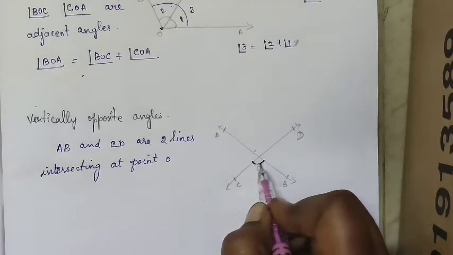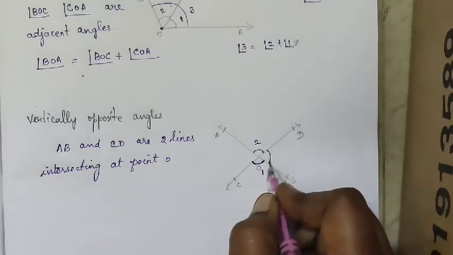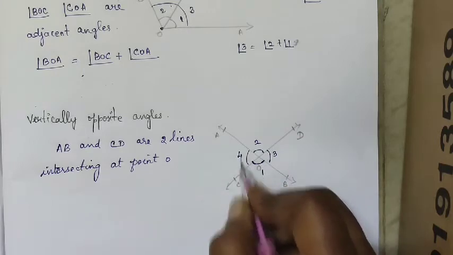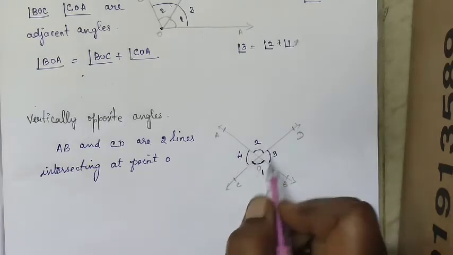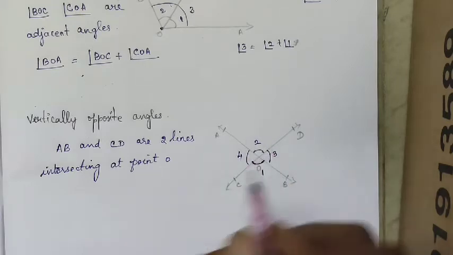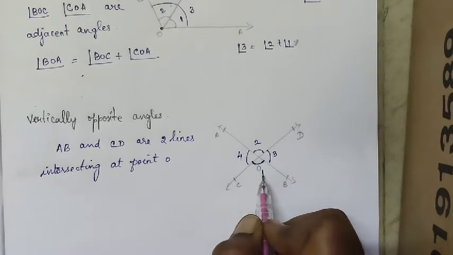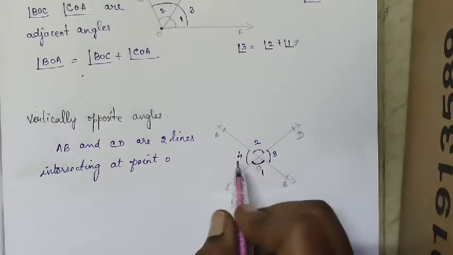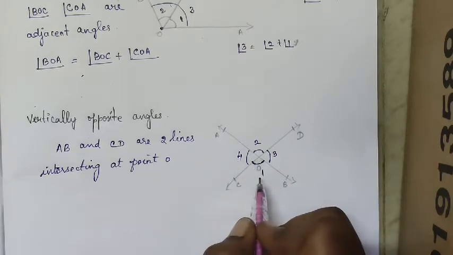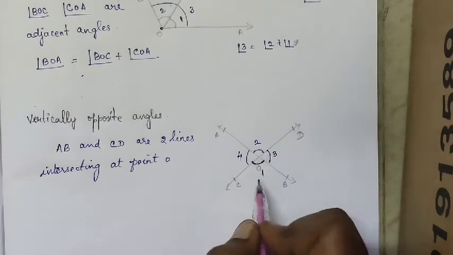Let us define this angle 1, this angle 2, here 3 and here 4. These make four angles. In these four angles, angle 1 is opposite to angle 2, and angle 3 is opposite to angle 4. These opposite angles are vertically opposite angles.